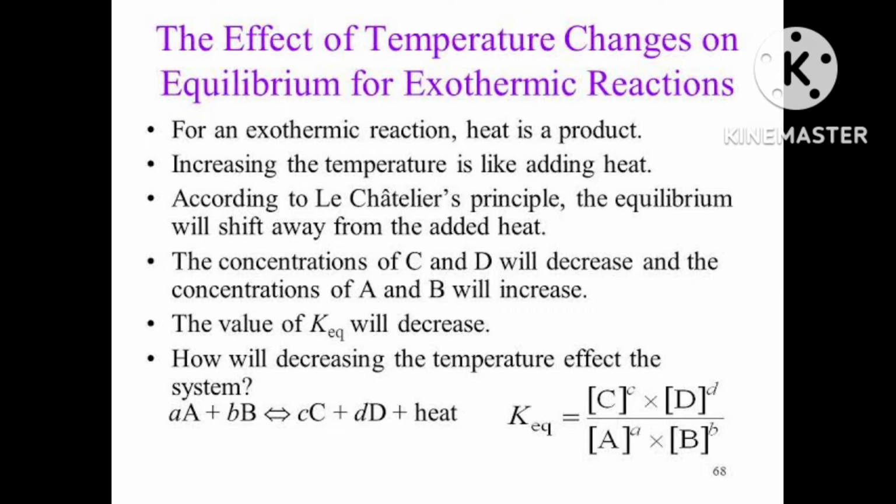Okay, then this equilibrium of this reaction, ferric plus thiocyanate forming ferric thiocyanate, can be shifted in either forward or reverse direction depending on our choice of adding a reactant or a product.